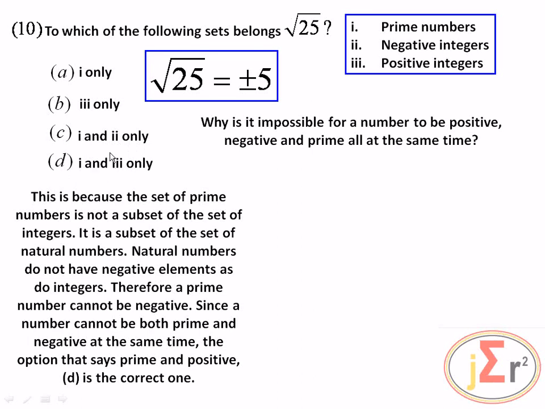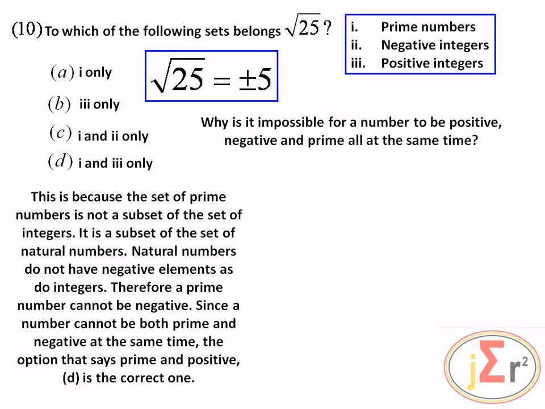Therefore, we have 1, it is supposed to be a member of the prime numbers, and also a member of the negative integers. That is impossible because prime numbers are not negative. A prime cannot be negative, and the prime numbers are not stated with or accompanied by negative signs.